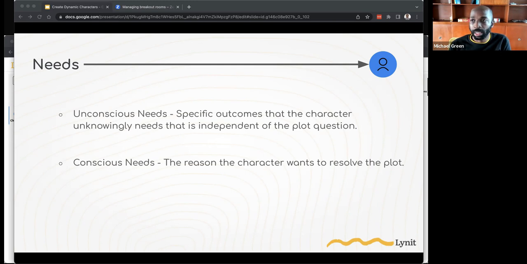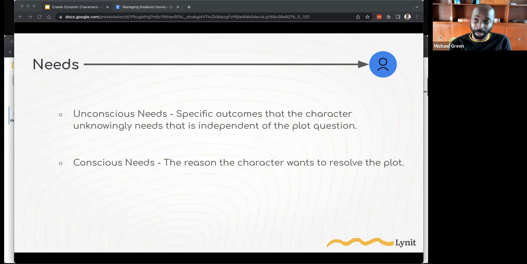That may be an unconscious need of theirs. And initially it's independent of the plot, right? It may at some point be beneficial for them to resolve this need in order to solve the plot. But in its pure essence, it's seemingly independent of the plot.